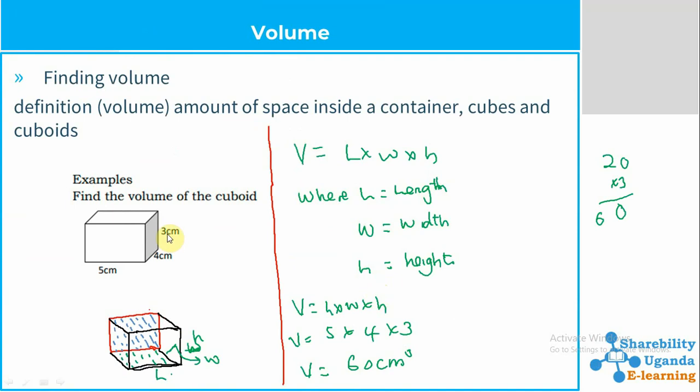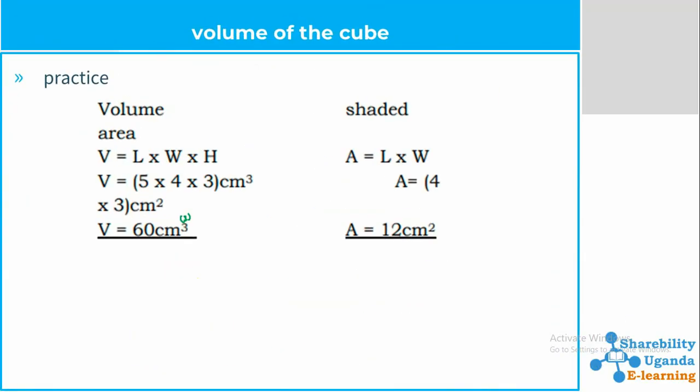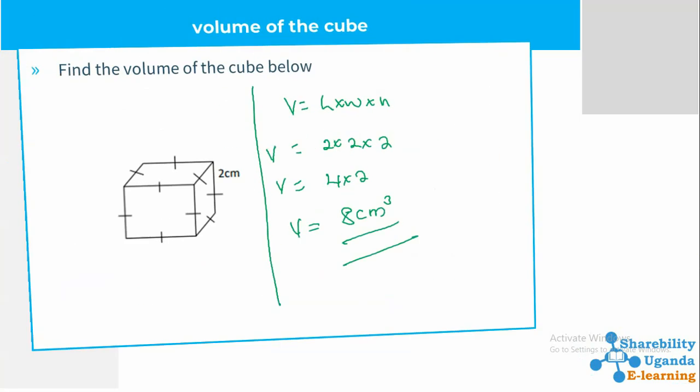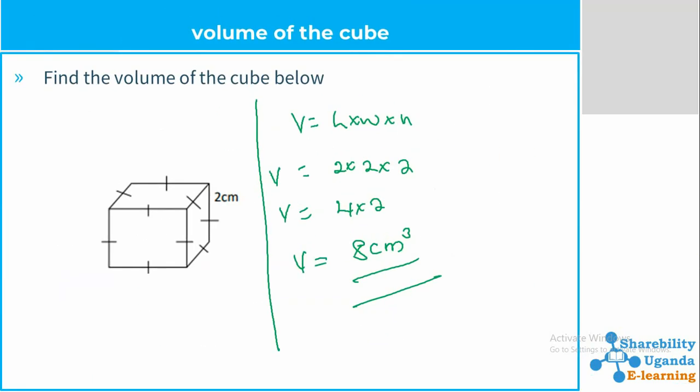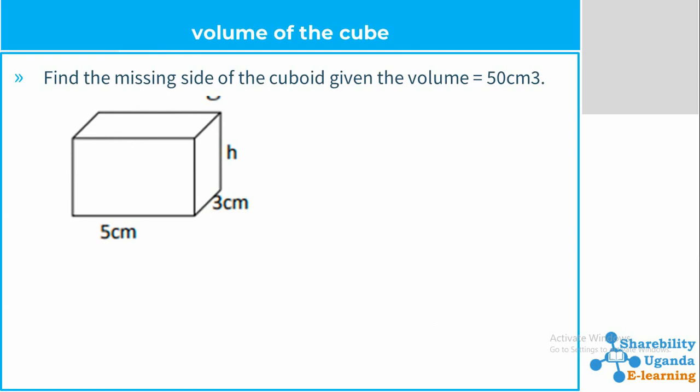If they want you to find the part which is shaded, you can still find it using a formula. Here we want to look more at finding volume, especially when they want you to solve for a certain side which is unknown.